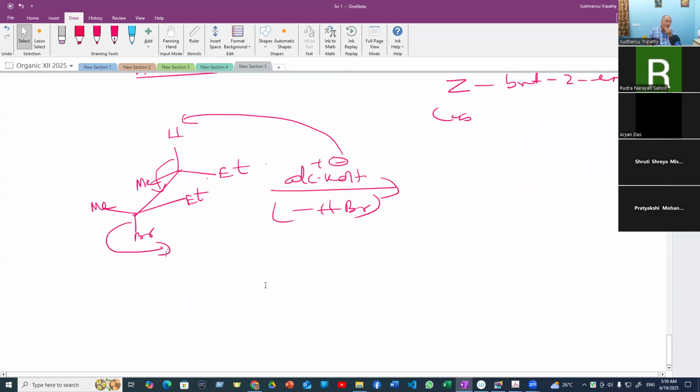And then I have told you how to convert it to the Fischer formula mode and also assign the configuration, whether it is RR, SS category or RS, SR category. But first you have to tell me, when one group is dissimilar and the other two groups are identical, in that case they are related to threose and erythrose of carbohydrate chemistry.